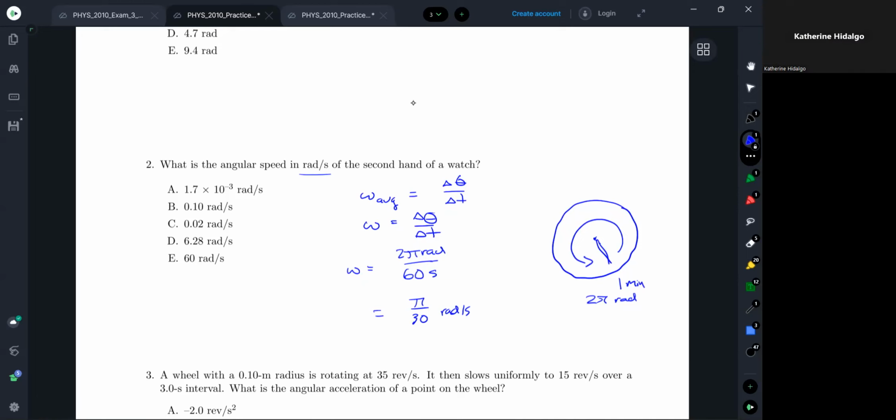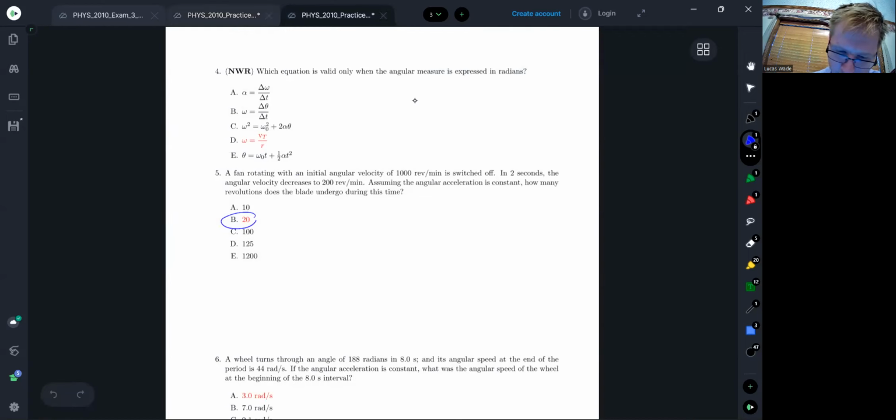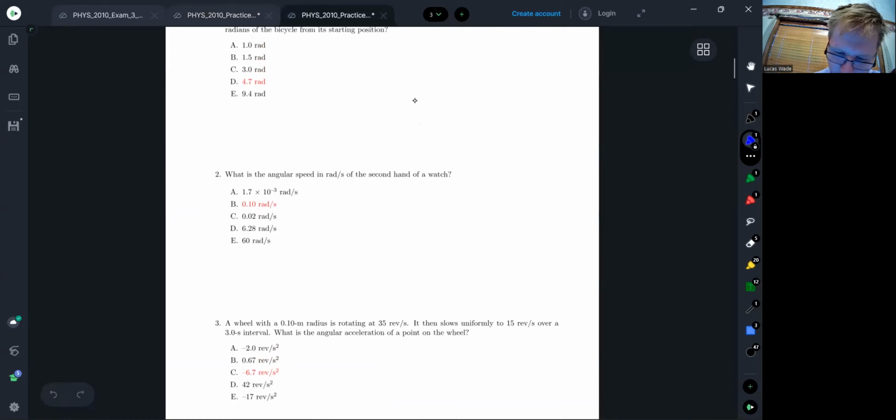Is it B? Let's see, 0.1, yeah. Yeah, so I get 0.1 as well, 0.1 radians per second. So B.